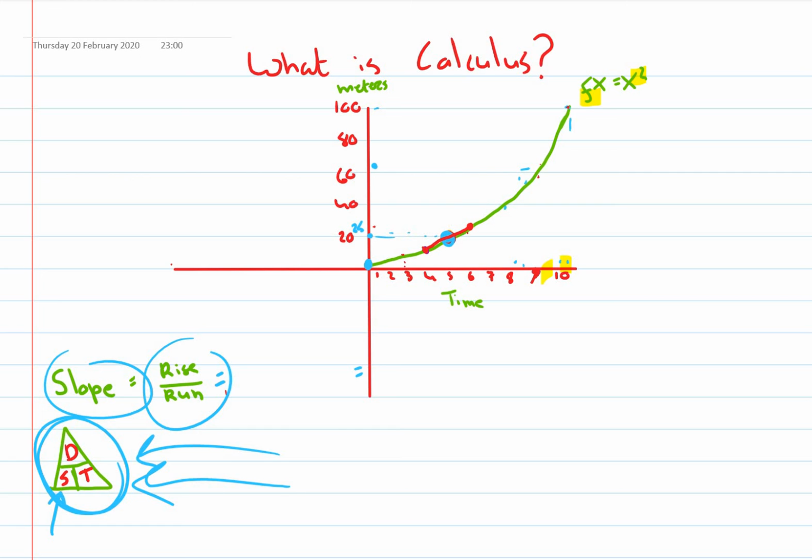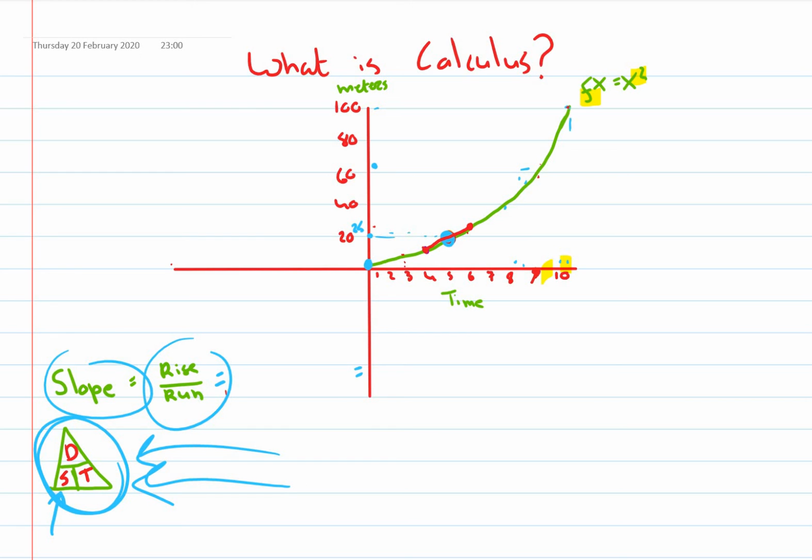And then someone else might say, what if we got his average speed between 5.5 seconds and 4.5 seconds? That would be closer. And likewise, someone else could say, could we get his average speed between 4.99 seconds and 5.01 seconds? Wouldn't that be very close to his actual speed at 5 seconds? And the answer is yes, it would, but it would never give us his exact actual speed.